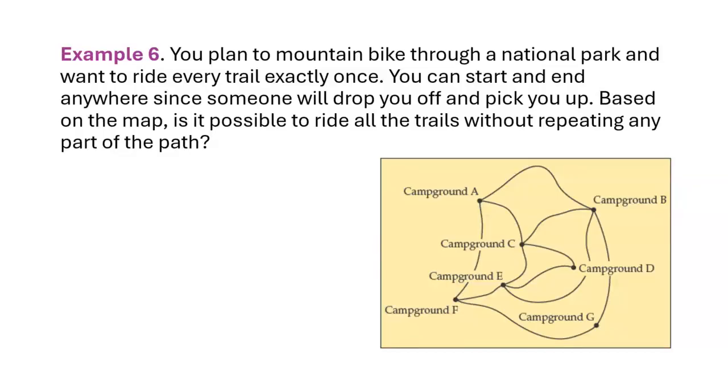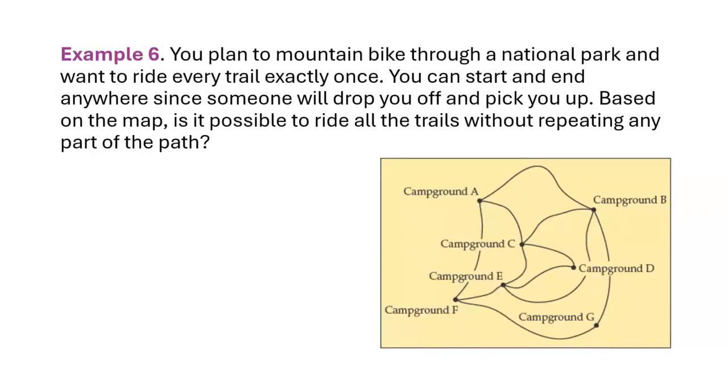You can start and end anywhere. So you may start in one place and finish in another one, since someone will drop you off and pick you up. Typically, if the entrance was closer to one of those campgrounds, then you probably would be more willing to start and end in the same place.